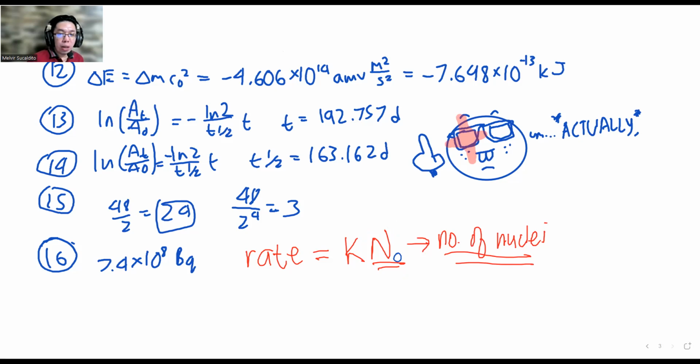But the problem here, you don't have k pa. But you can easily get k, no? So calculate first k. So make it into second, no? Okay, so what is the value of k now?